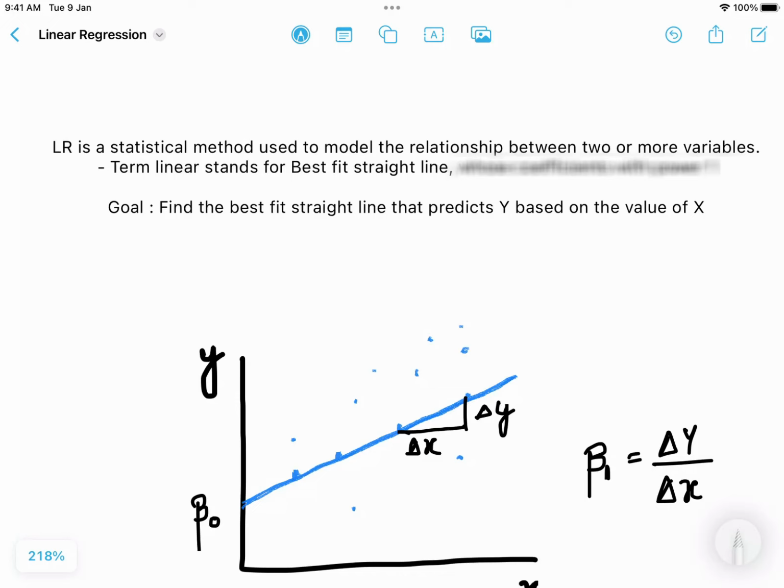Suppose we have to predict the price of a house. The price of the house will depend on the area of the house, number of bedrooms, number of bathrooms, number of floors in the house, neighborhood. So the price of the house will depend on all these factors, or we can say all these variables.